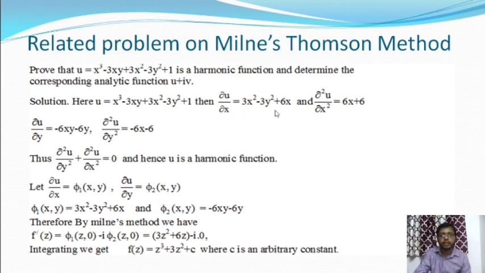And del 2u del x square is equal to, so the derivative of 3x square is 6x, and the derivative of 6x is 6. So the second order derivative with respect to x is 6x plus 6.